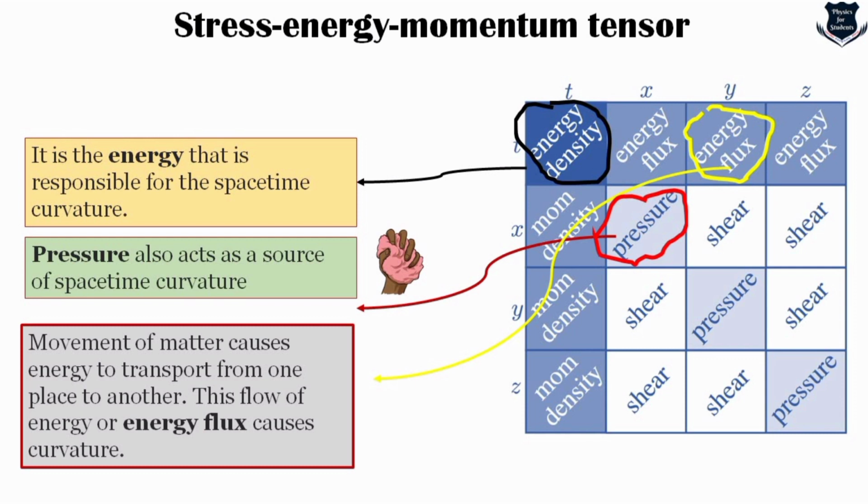So the movement of matter causes energy to be transported from one place to another. If I'm moving from this room to my lab or some other place, this movement of matter causes the generation of energy, which will eventually cause a change in the curvature of space-time. So these are the first three units.